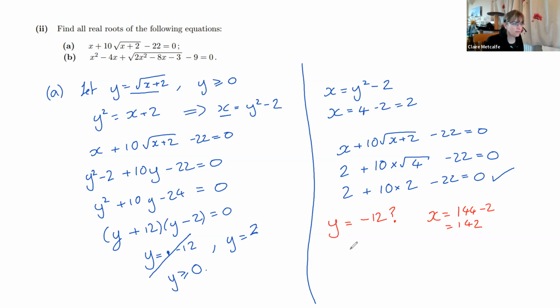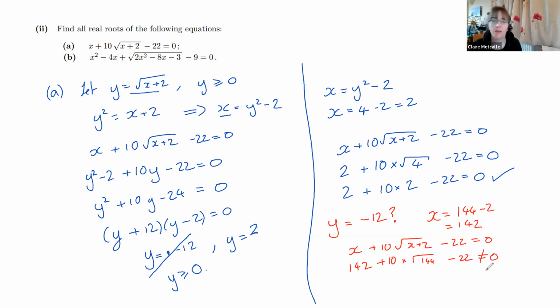And then the equation x plus 10 root x plus 2 minus 22 equals 0 will then become 142 plus 10 times the square root of 144 minus 22. That is very definitely not 0. So something else you can do when you're doing an equation like this is just check your answers in the original equation, as long as it's not going to be too horrible. And then you'll see that actually that solution was an erroneous solution.